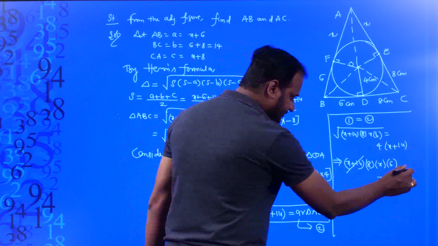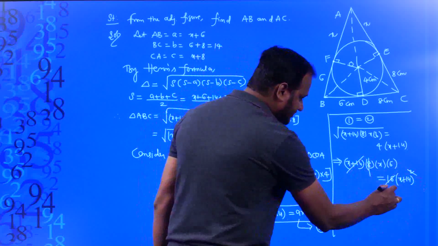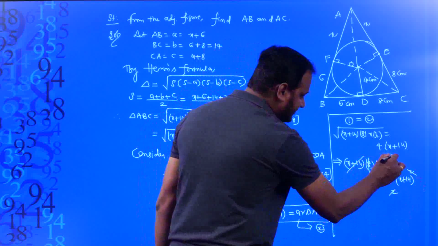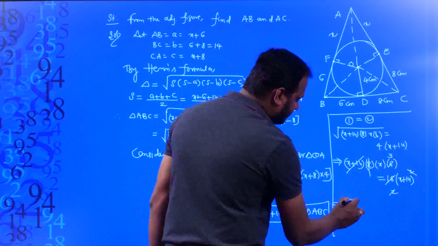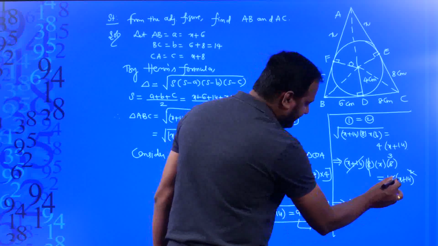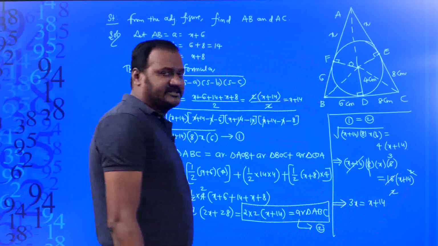One x plus 14 can be cancelled, and then 8 1s, 8 2s are 16, 2 1s, 2 3s are 6. So finally the left hand side you have 3x, and the right hand side x plus 14, right? So 3x is equal to x plus 14.